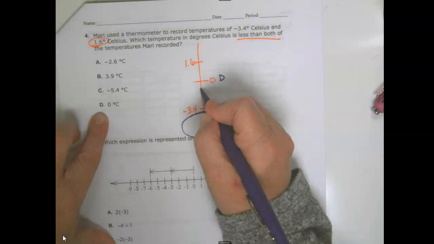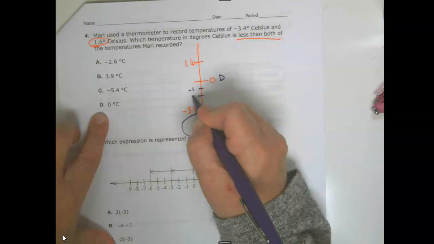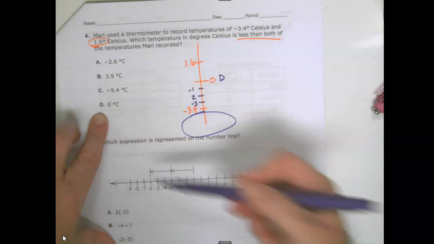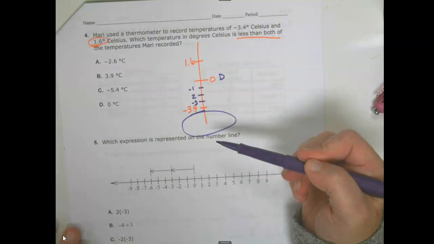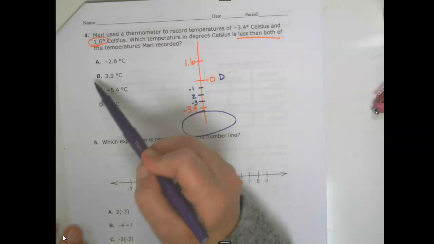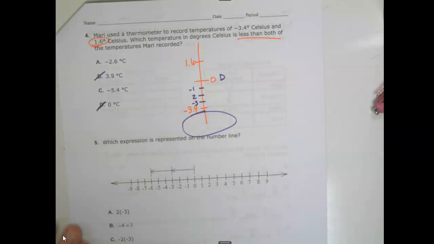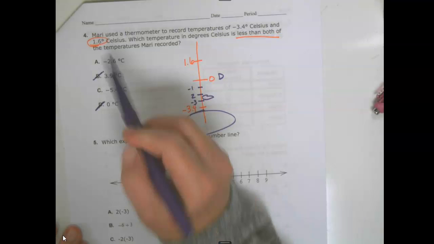And when you start counting, this is going to be -1, -2, -3, and you go below. So I know it cannot be a positive number. I know it can't be 0. 2.6 is going to be somewhere in this section, so I know it can't be this. So that leaves me with C.